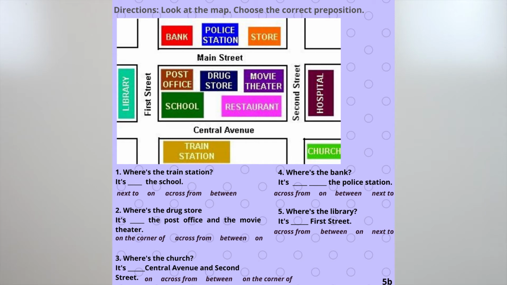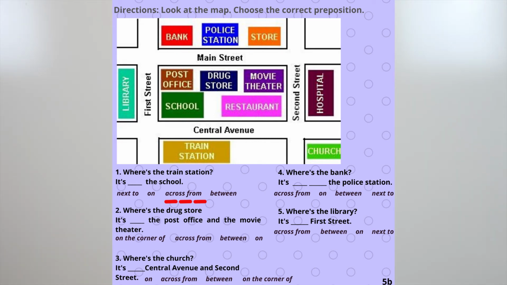I'm going to look for the train station and decide, is it next to the school, on the school, across from the school, or between the school? What do you think? If you think that the train station is across from the school, then you're correct.